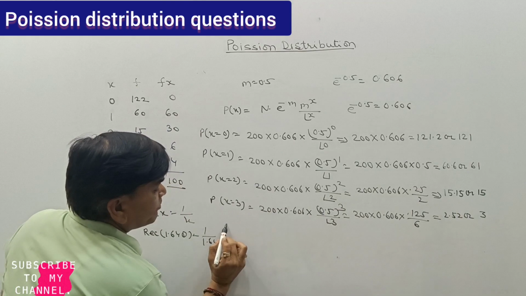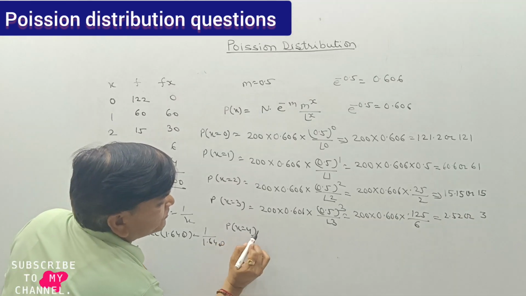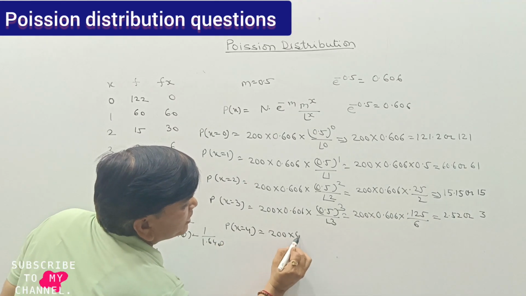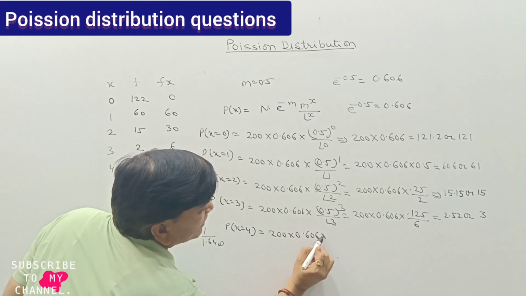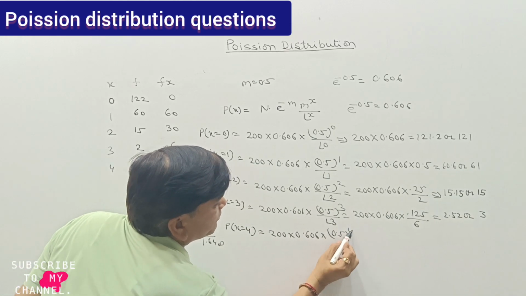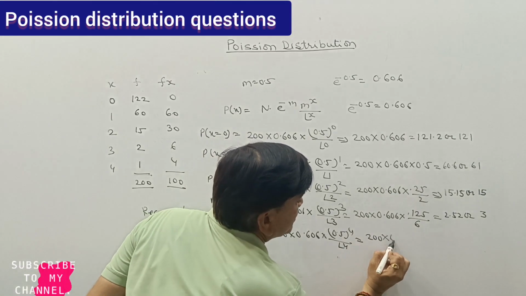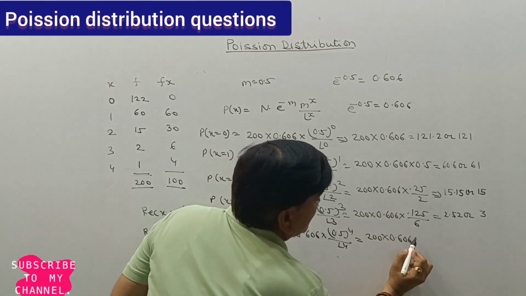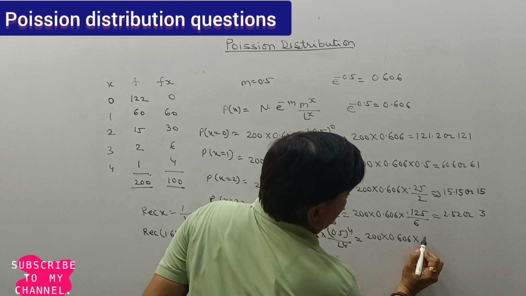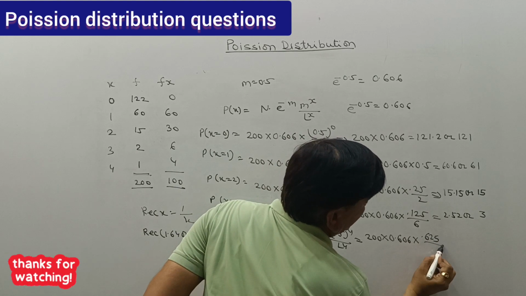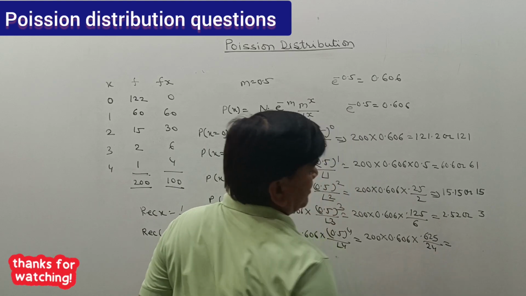And the last one, P(x) for x is equal to 4, that is 200 multiplied by 0.606 multiplied by 0.5 raised to power 4 divided by factorial 4, that is 200 multiplied by 0.606 multiplied by 0.0625 divided by 24.